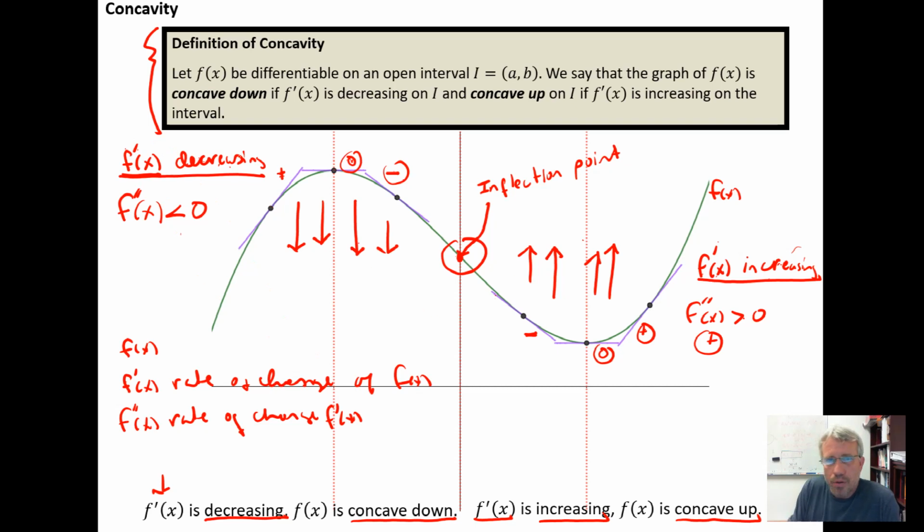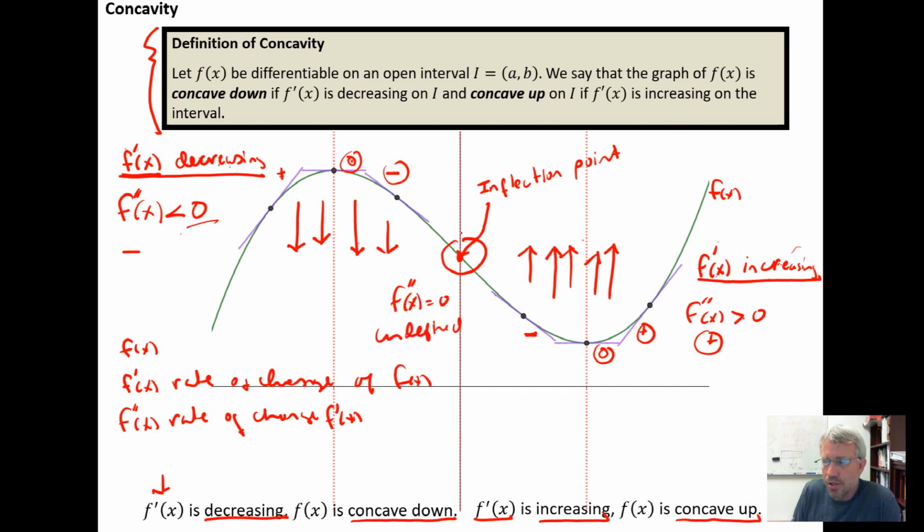And if the derivative is decreasing when we're concave down, and then switches to increasing when we're concave up, then the second derivative is going to need to change from negative to positive. And the only way to change from negative to positive for the second derivative is either for the second derivative to equal 0 or be undefined.